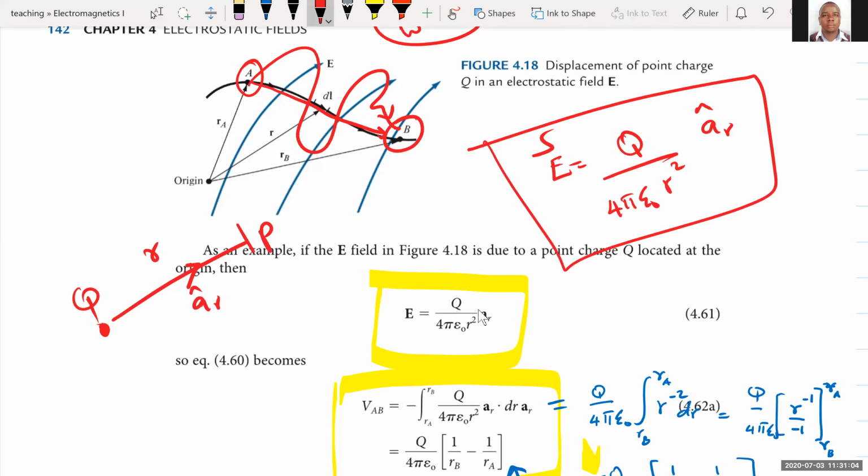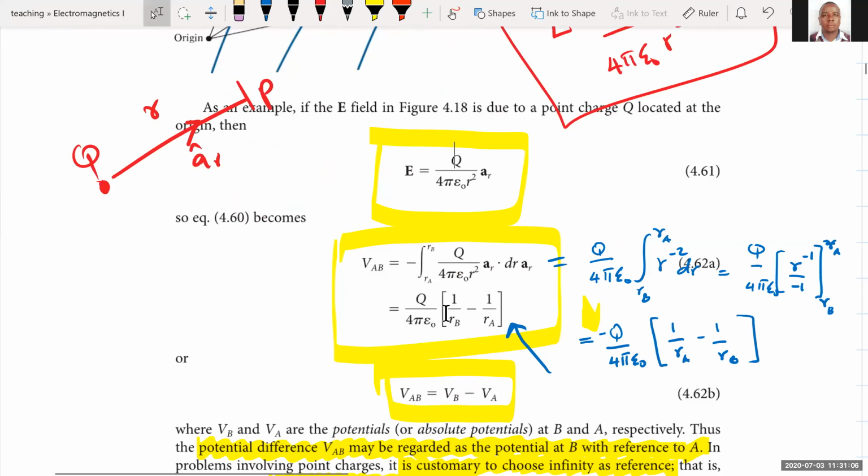So, having expressed E as that, we can express V_AB by simply replacing E in our equation 4.60. And we were saying that dL was a vector.